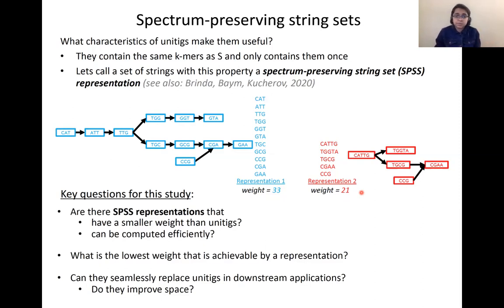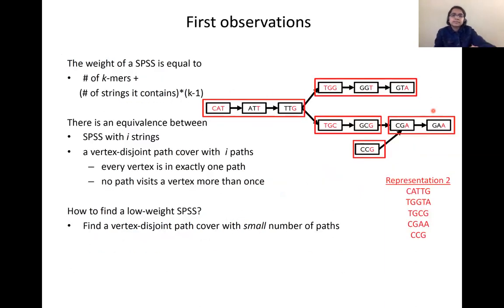And can they be computed efficiently? And if they can be computed, what is the lowest weight achievable by such a representation? Can they seamlessly replace unitigs in downstream applications and improve space? Okay, so the good news is by the end of the talk, we are going to have the answers to the questions. So let's get started with answering those questions.